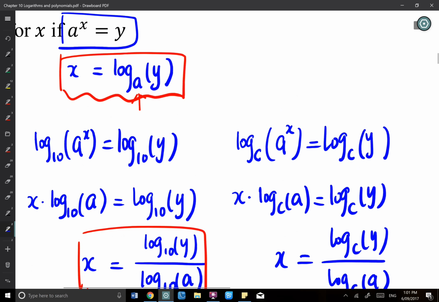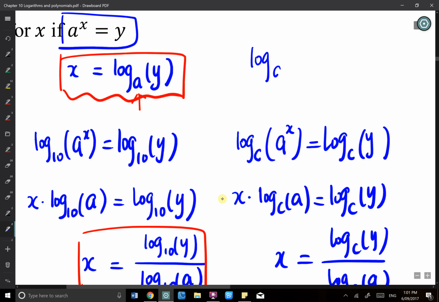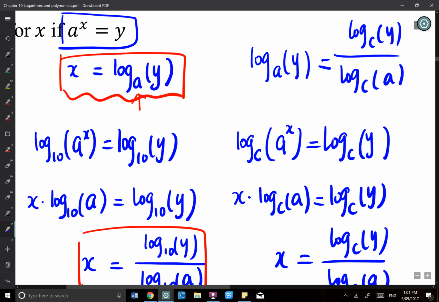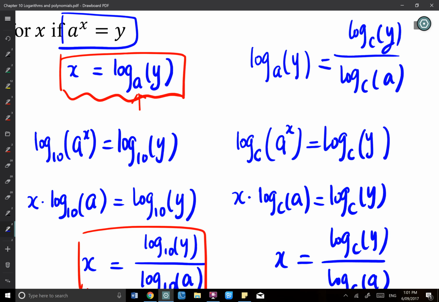Don't forget, your x equals log base a of y. So log base a of y is actually equal to log c y divided by log c a. They are equivalent. You just solved it by two methods. The two answers must be the same because it's the same x, same power. So log base a of y equals log c y divided by log c a, where c can be any number greater than 0 and not equal to 1.